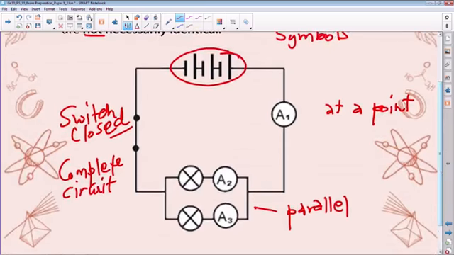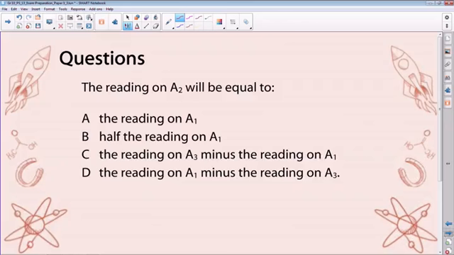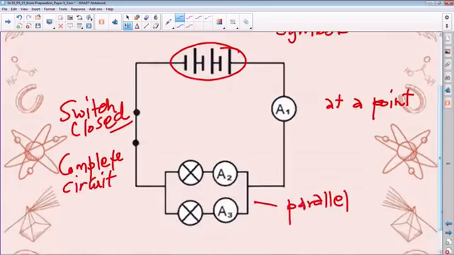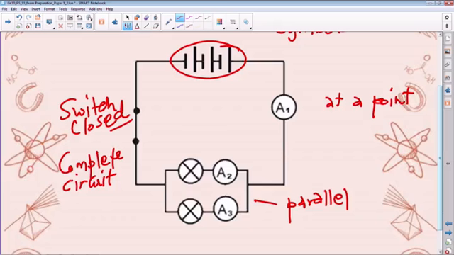The simple circuit. Now, it says the reading on A2. Let's go back to the diagram. Where is our A2? Our A2 is this ammeter, which measures the current that goes through, let's call this resistor 1 and that resistor 2. So it simply means that all the current passes through A1.